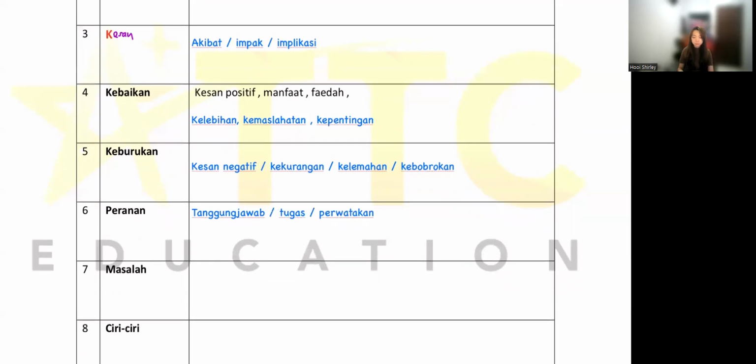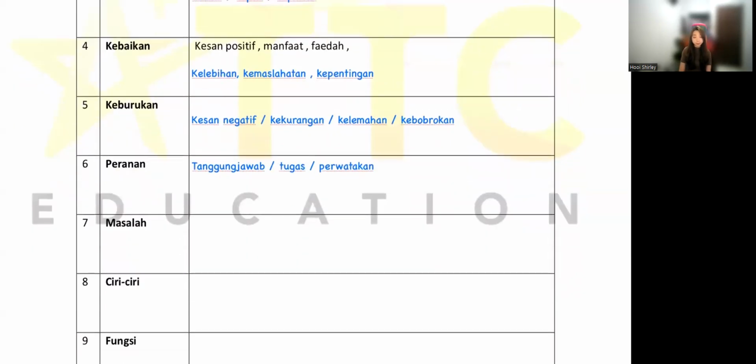Peranan means the role. What is the role of them? That is, what is their responsibility. So tanggung jawab, tugas, perwatakan. Perwatakan, the characteristic, what they need to do. Then we have masalah. Masalah means problems, right?